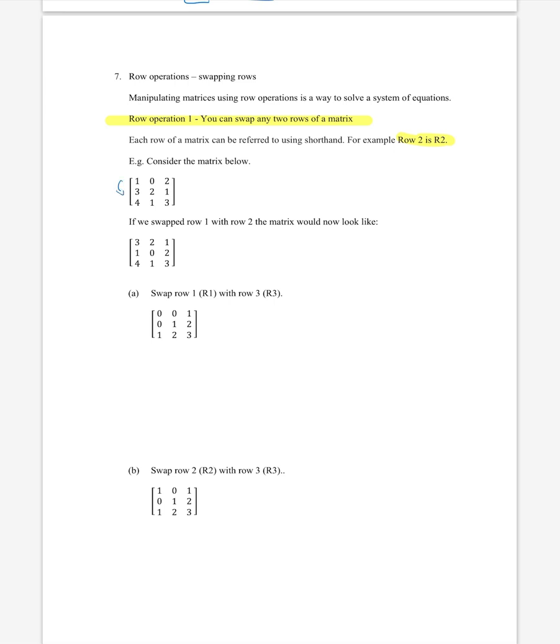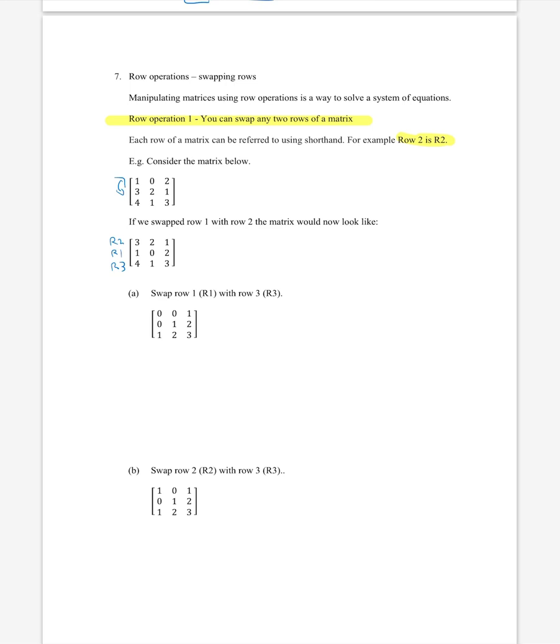So we've swapped this row with that row. So in our new matrix, the original row 2 is now the first row. This is the row 1, and the row 3 stays the same. Okay, so you're allowed to swap the rows.